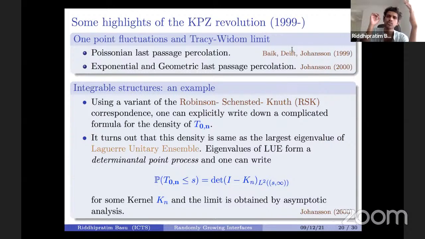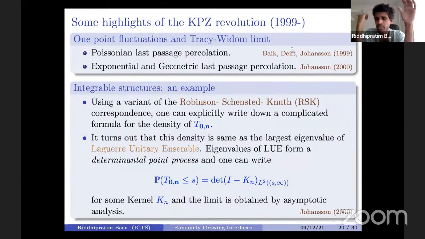Actually, one should not directly think of these last passage percolation models converging to the KPZ equation, because the last passage percolation models are actually zero temperature analogs of polymer models.